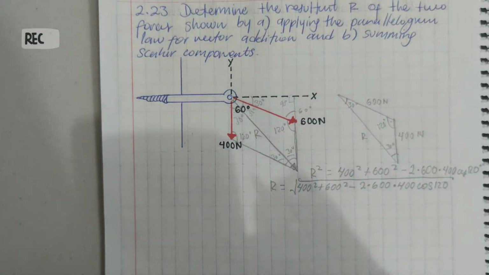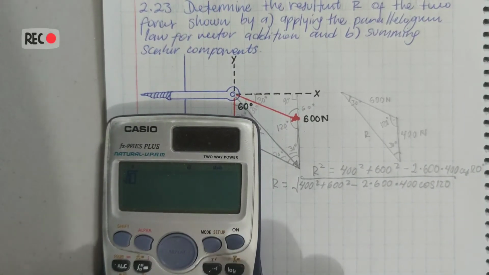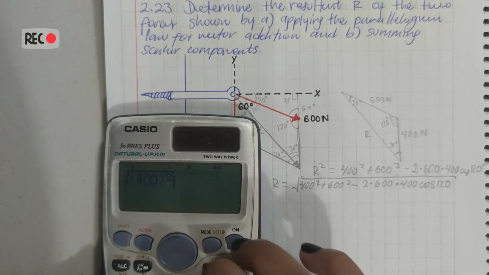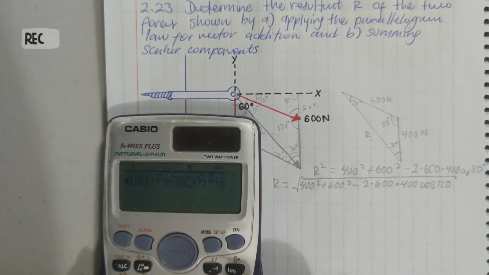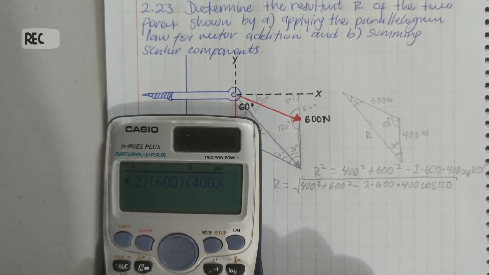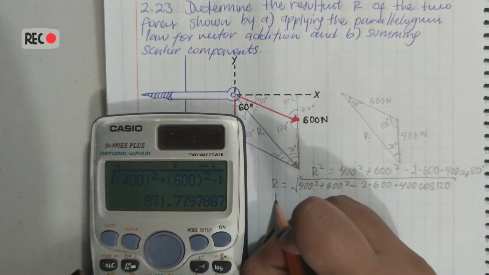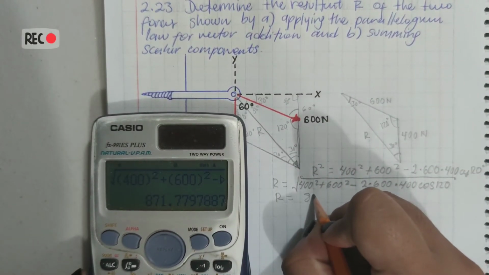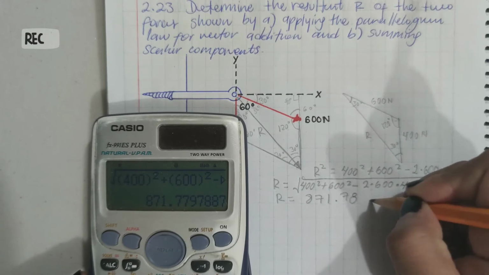And now we need to use a calculator to enter this expression, that is the square root of 400 squared plus 600 squared minus 2 multiplied by 600 multiplied by 400 multiplied by cosine of 120 degrees, and this is equal to 871.78 newtons.